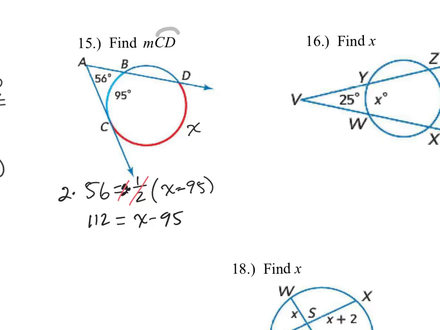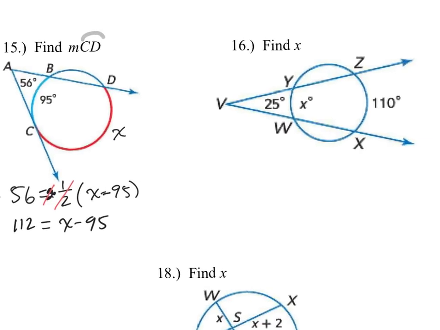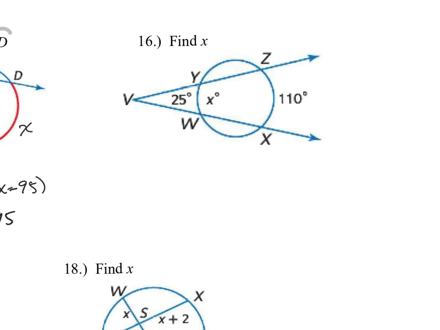But let me go ahead and help you set up number 16. Again, this is an angle. We're going to use this angle V that is formed by two secants that intersect in the exterior of a circle. So we have an angle whose vertex is outside of the circle, so its measure, this 25 degree angle, is half the difference of the two intercepted arcs.